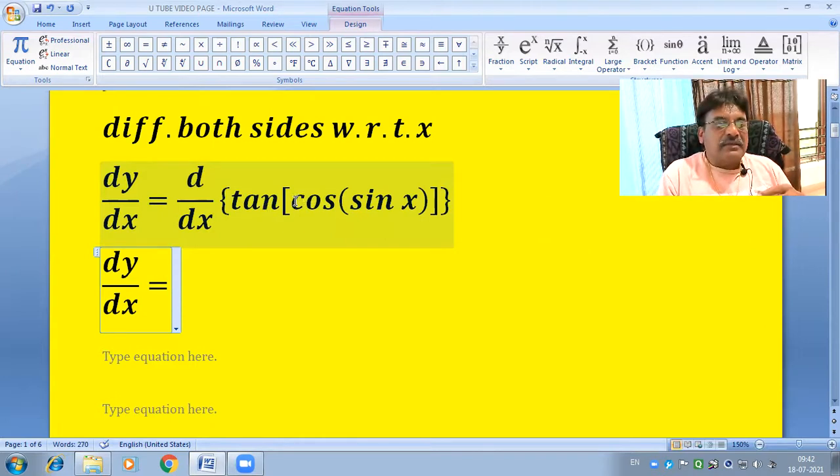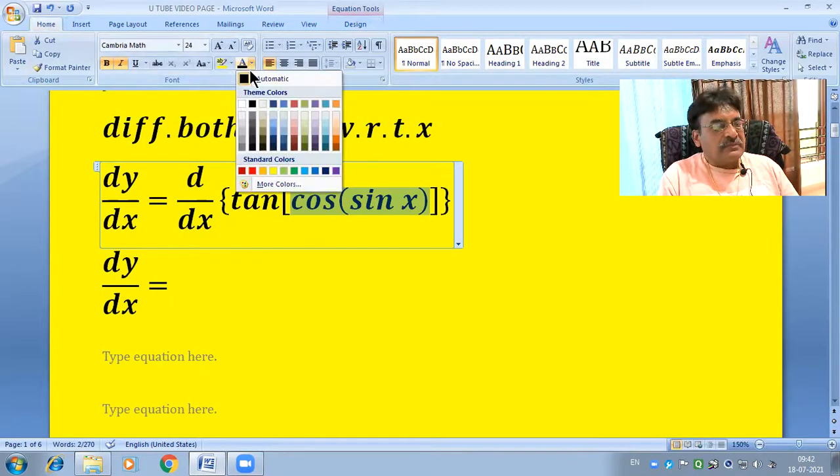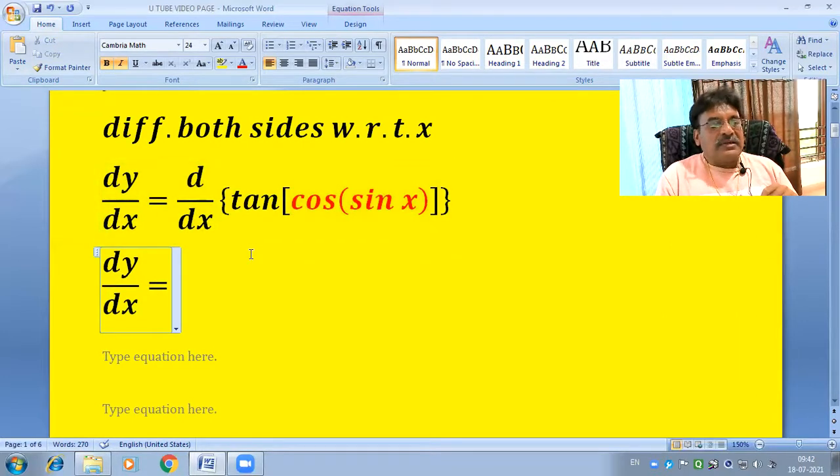Here f(x) is replaced by cos of sin x. Therefore, the derivative of tan of cos of sin x is sec square cos of sin x into d/dx of cos of sin x.